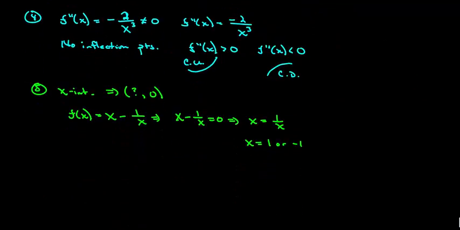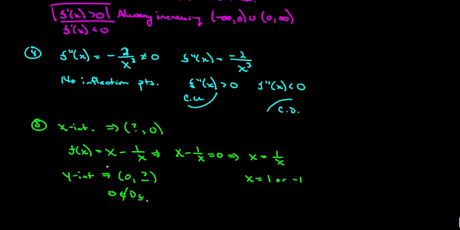Now what about y-intercepts? Well, y-intercepts occur when x is 0. But we know x can't be 0 because 0 is not an element of the domain. So there are no y-intercepts. Okay.